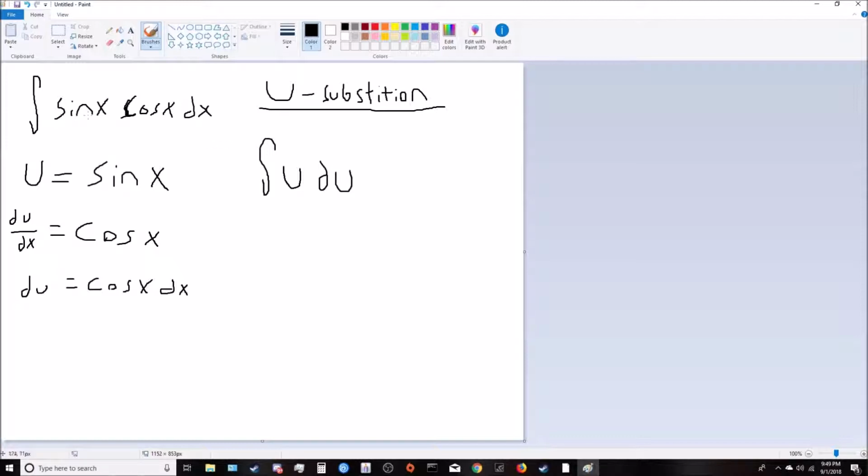So now we've got this whole integral rearranged in terms of a different variable that we can easily integrate using the reverse power rule, which, if you don't remember, is x to the a plus 1 over a plus 1. If we apply that to this u, we get u squared divided by 2. Since it's an indefinite integral, we've got to put that plus c right there.